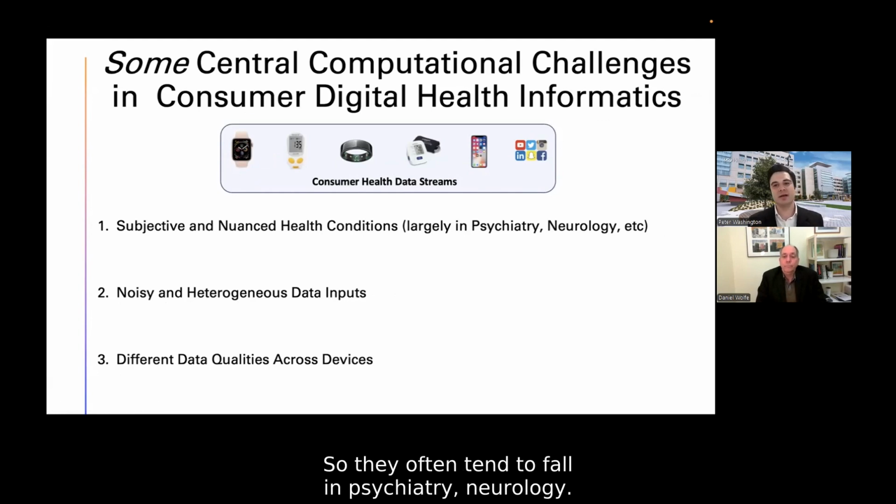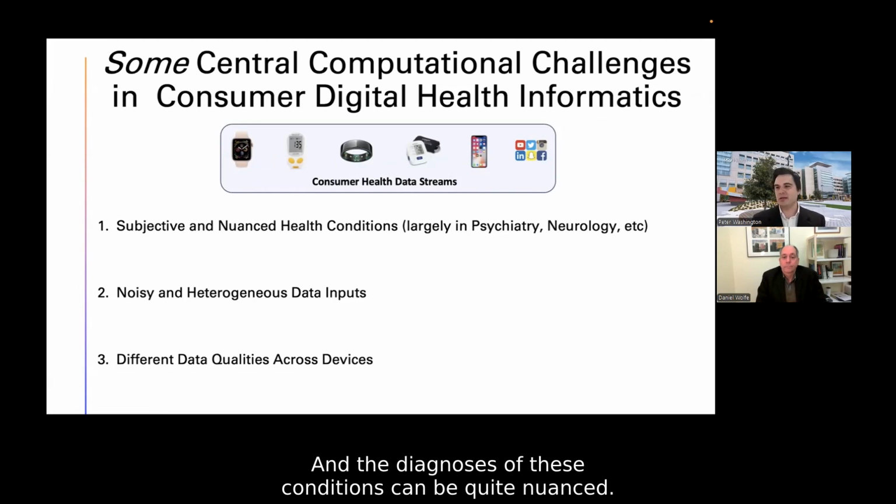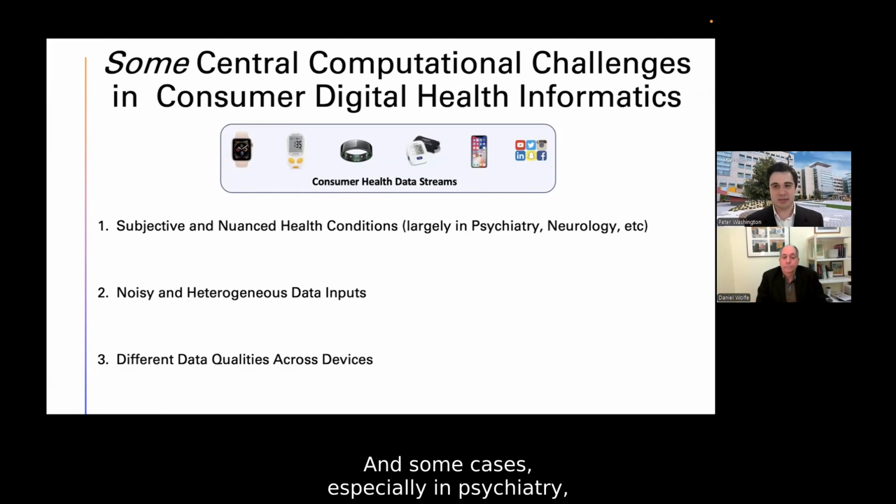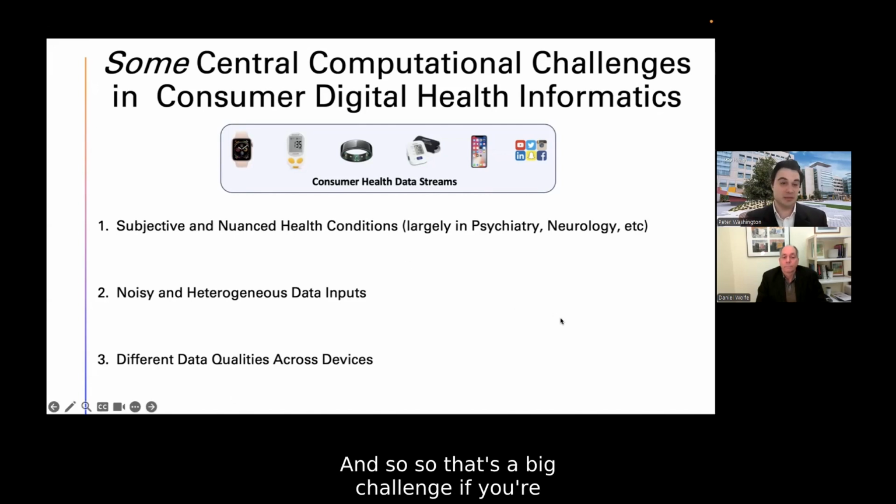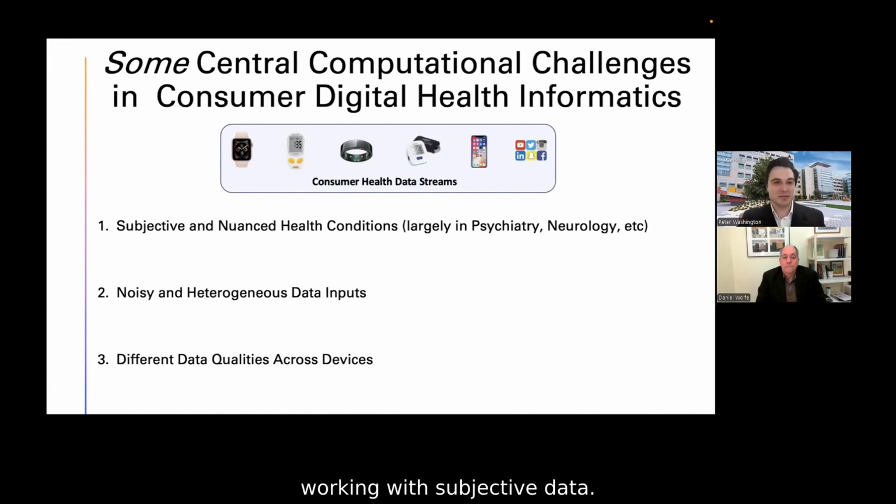They often tend to fall in psychiatry, neurology, and the diagnoses of these conditions can be quite nuanced. In some cases, especially in psychiatry, can be somewhat subjective as well. And so that becomes really difficult in terms of the label encoding. And so that's a big challenge if you're trying to be objective when you're working with subjective data.